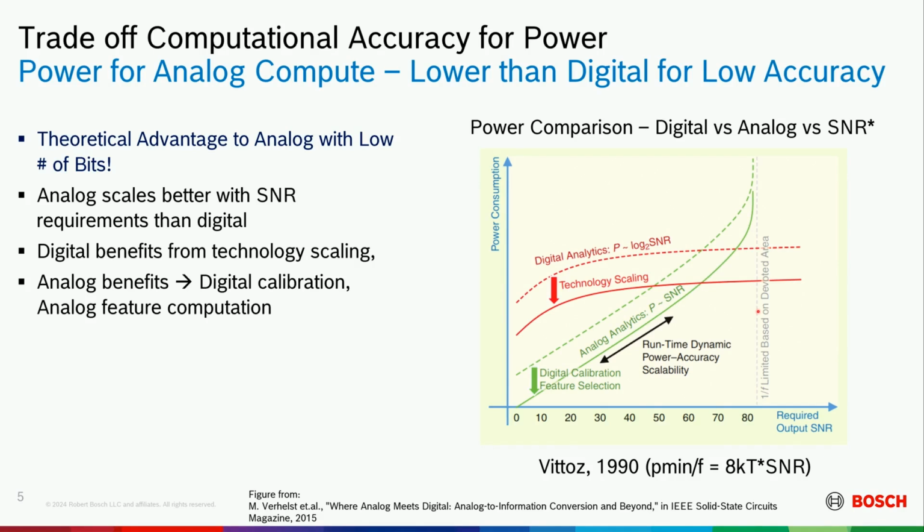If you want to do high precision, then as we see in this plot, we probably want to be looking more at the digital domain. But maybe we can take advantage of some things in order to still use analog. Of course, you can argue digital benefits from technology scaling, but then you can play some tricks, like calibration, or maybe do feature computation in the analog domain to try to get that benefit back and keep this window open.